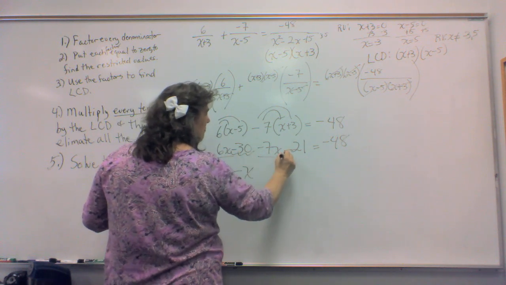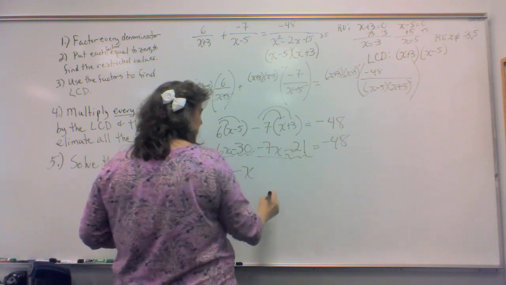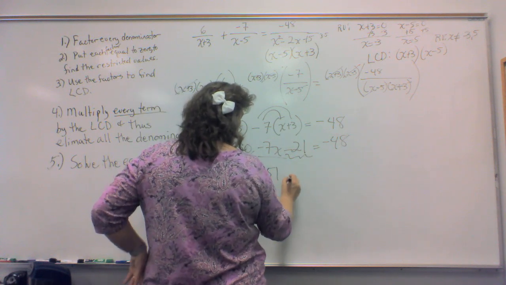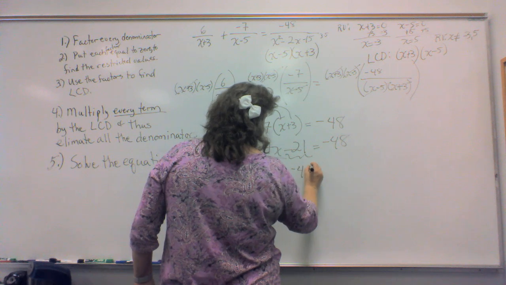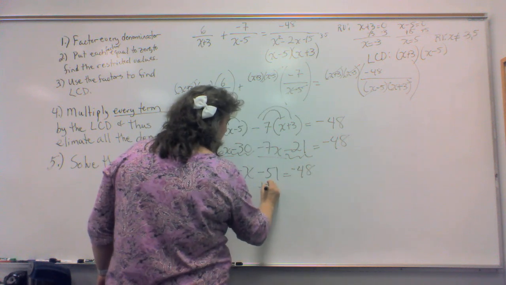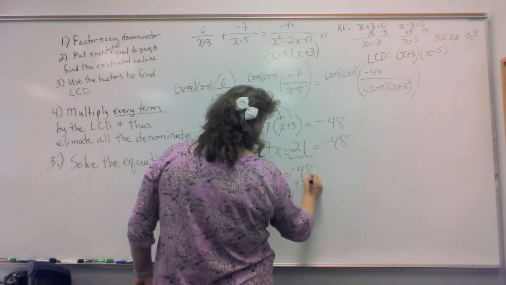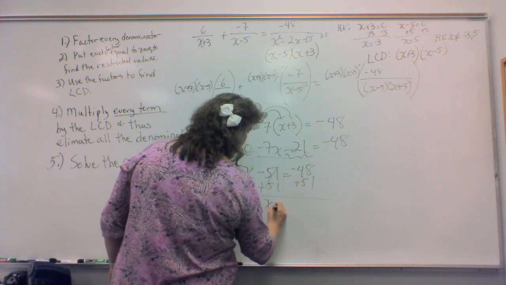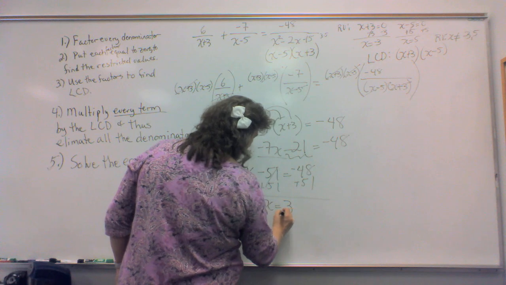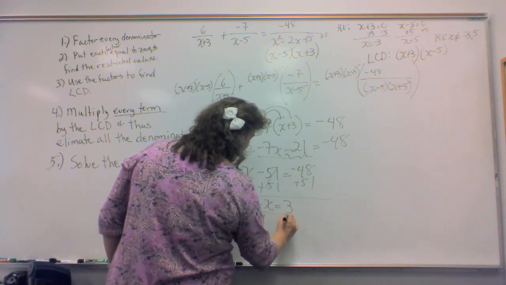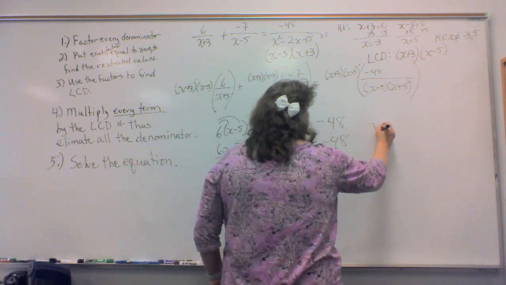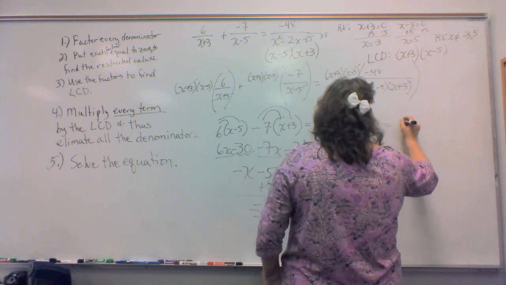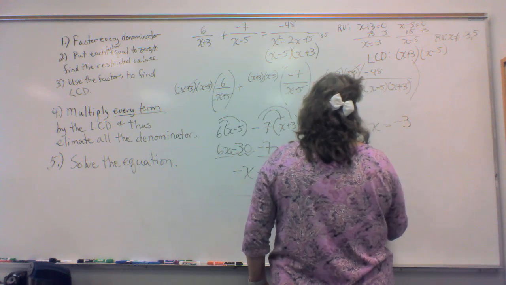Minus 30 minus 21 gives you minus 51, equals a negative 48. Add 51 to both sides, and I end up with a negative x is equal to a positive 3. Divide by negative 1. So x is equal to a negative 3.